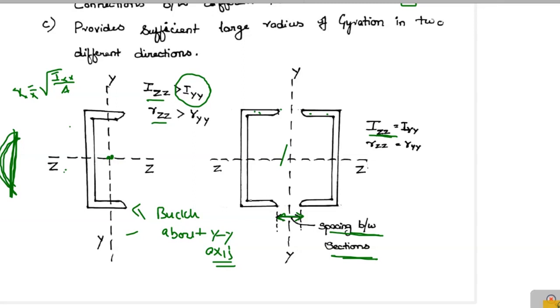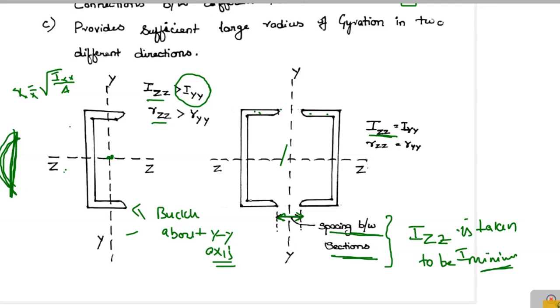So when you are calculating that spacing between the two sections that you need to provide, this IZZ is taken to be I minimum, because finally I want to have the built-up section moment of inertia equal to IZZ, right?